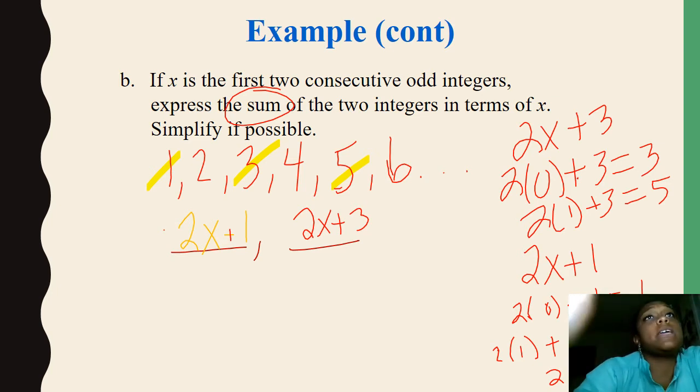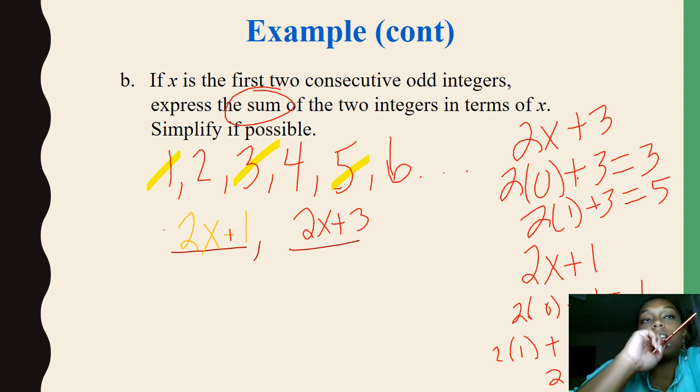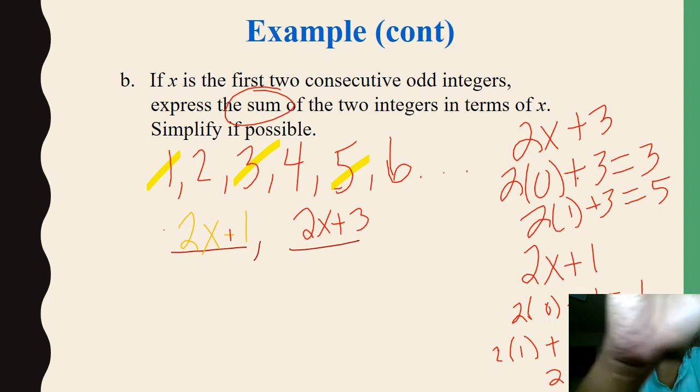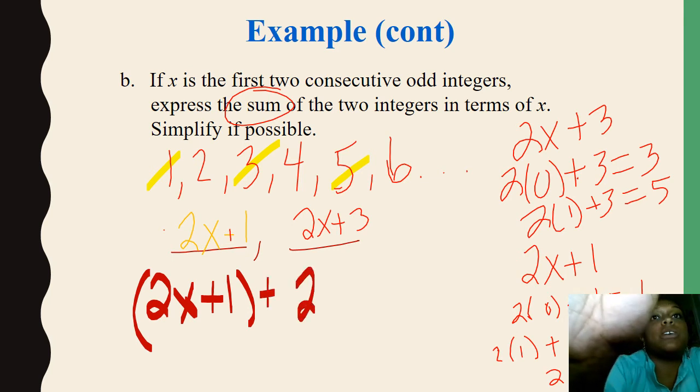Now the problem didn't say positive odd integers, so we technically could deal with the negatives. So here we go. I would have 2x plus 1 plus 2x plus 3.